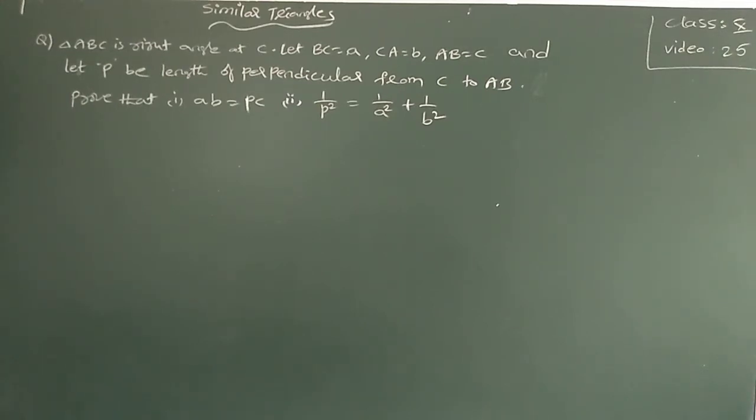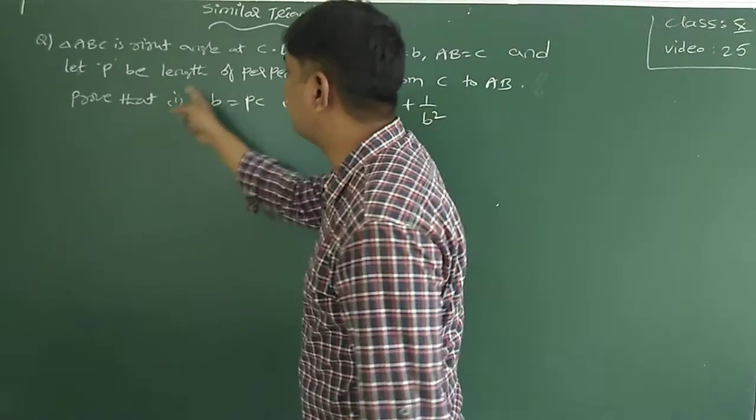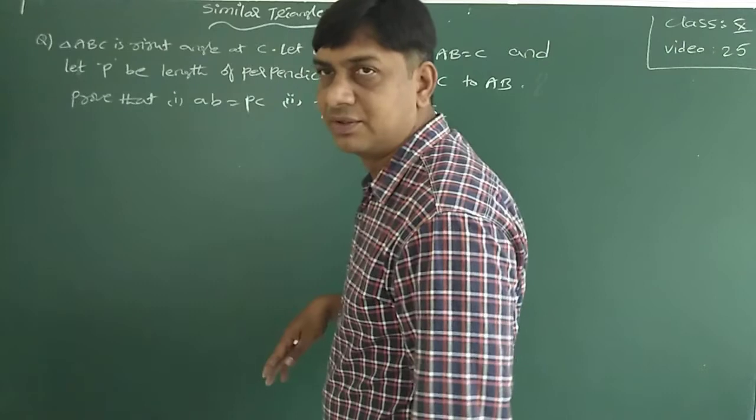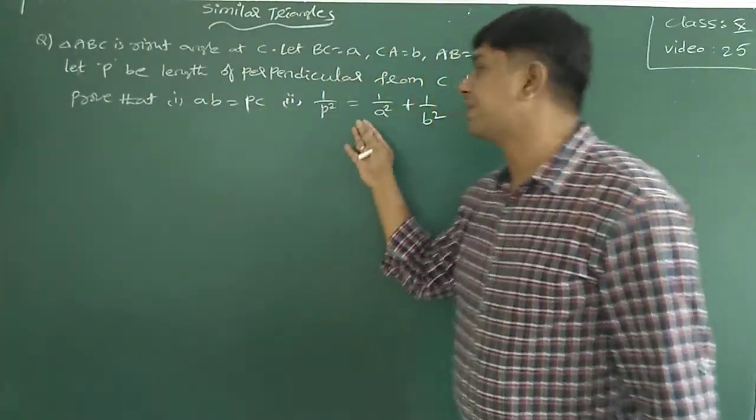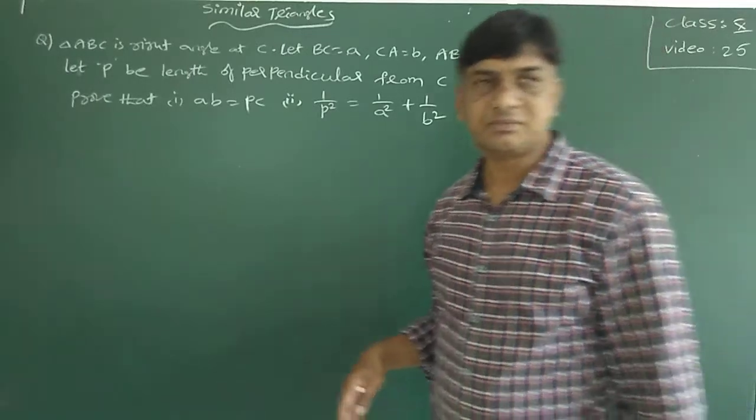Then prove that AB is equal to pc. And the second one is 1 by p square is equal to 1 by a square plus 1 by b square. Sometimes in the question only the second one they will ask, right? In examination they may ask this one only. But without proving the first one you don't get the second one. While proving the second part, you will get the middle and first part.